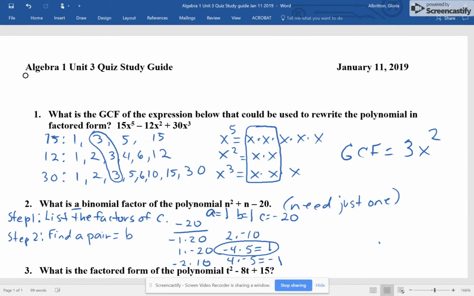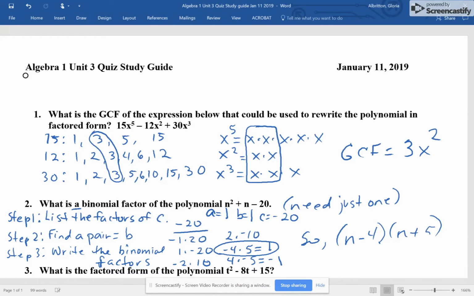So step 3 is to write the binomial factors. So we end up with, remember you split up the n squared, which would be n times n, and then we're going to use this pair, the -4 and the +5.